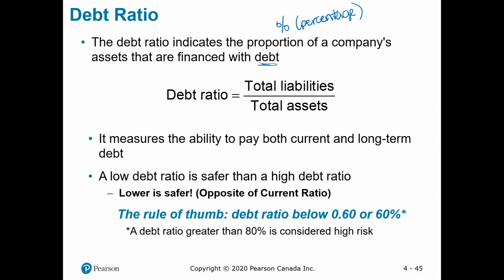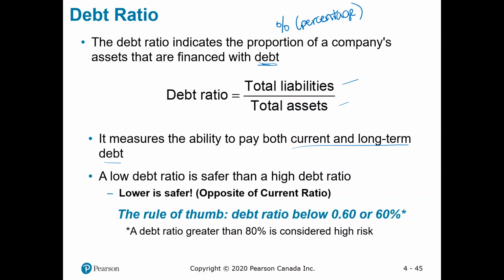So either by an owner's investments or by retained earnings that are kept in the company, or that capital amount. So the debt ratio is calculated as total liabilities divided by total assets. And this one is a measure of the ability of the company to pay all debts, so both current and long-term, as they become due.